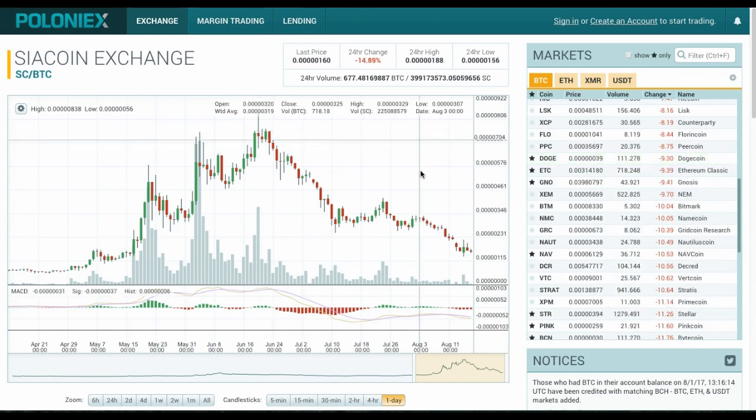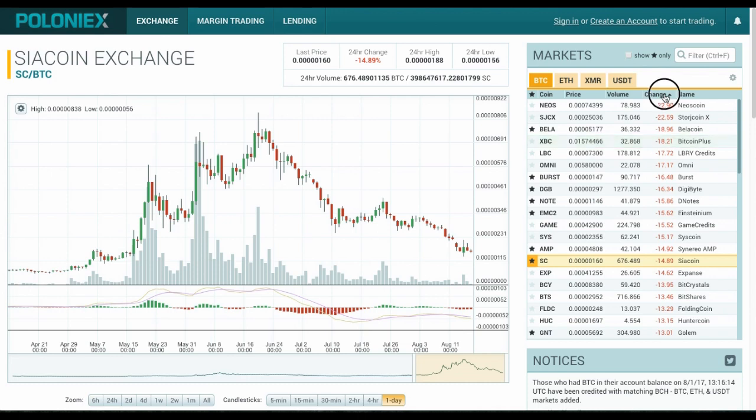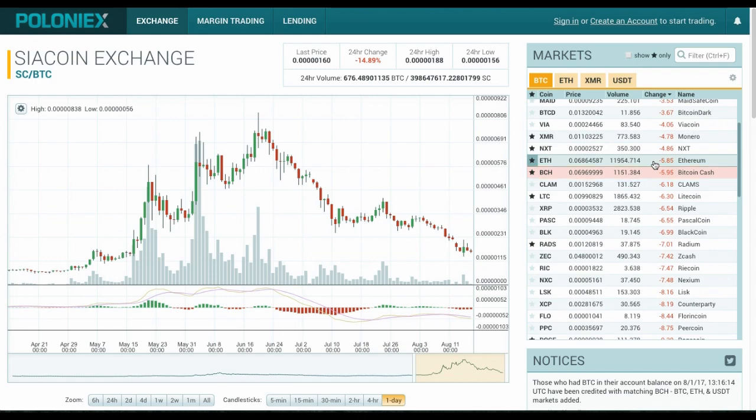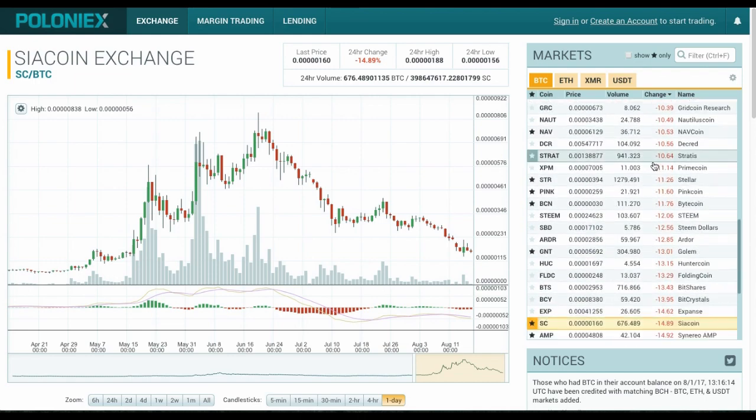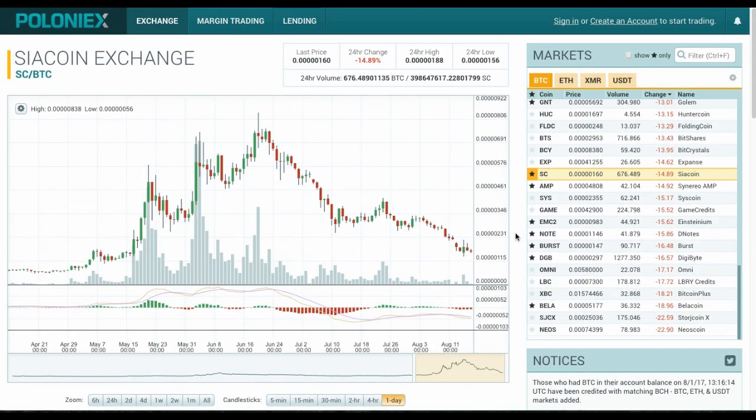And since then, like a lot of the older cryptos, over the last couple of months, in this last month in particular, we've seen some doldrums in the altcoins, and Siacoin has been one that has been hit.